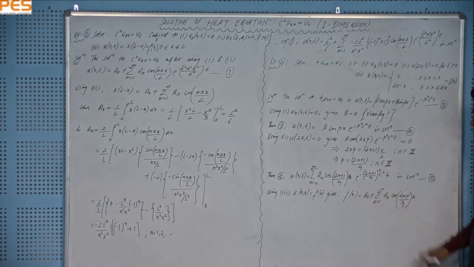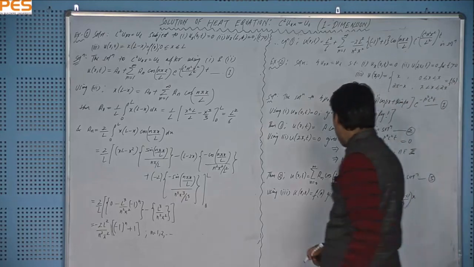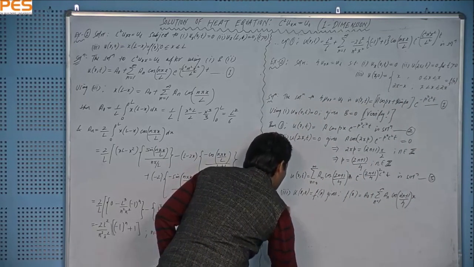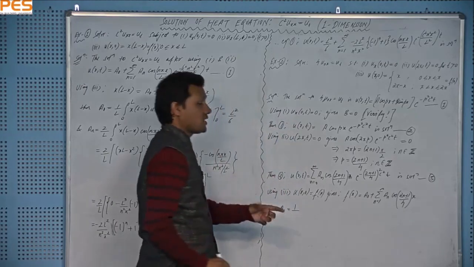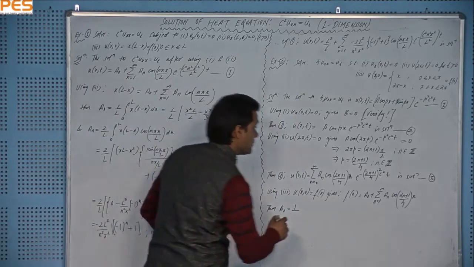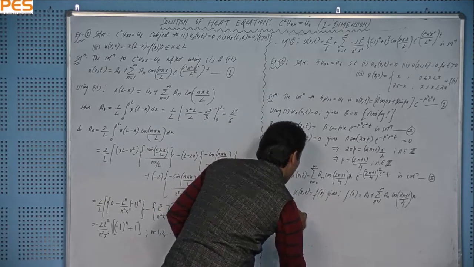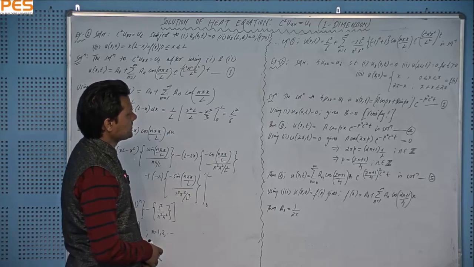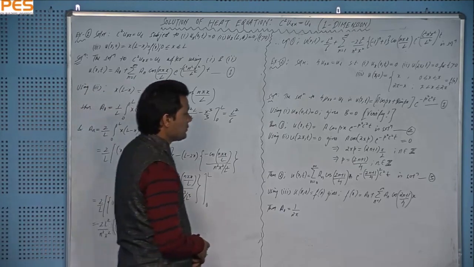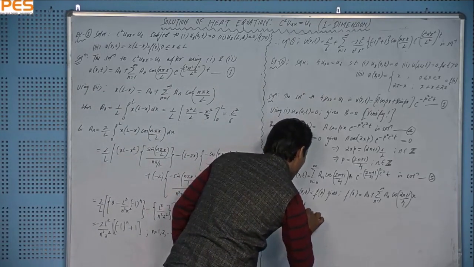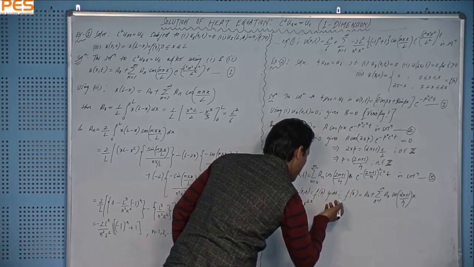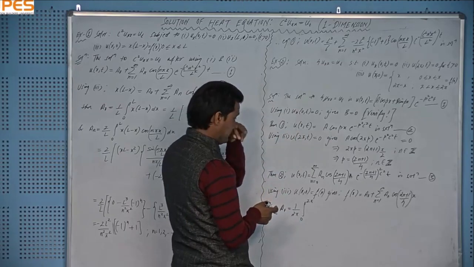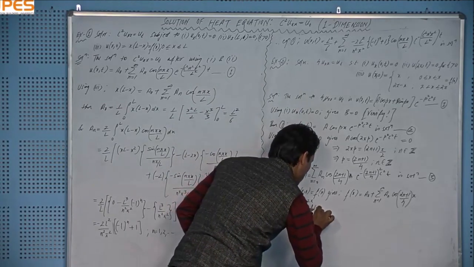a naught is given by the formula and a n is given by another formula. Let me calculate a naught here. Then a naught equal to, remember the formula, 1 over capital L, where capital L is the length of the rod, this time 2 pi. So 1 over 2 pi, and the integration from 0 to 2 pi of f(x) dx.